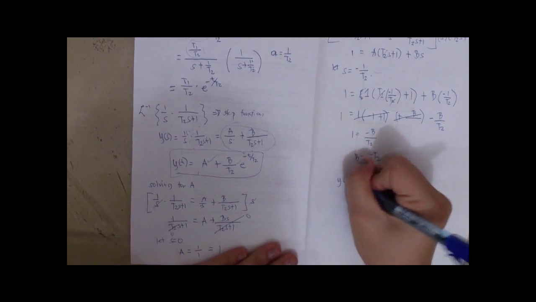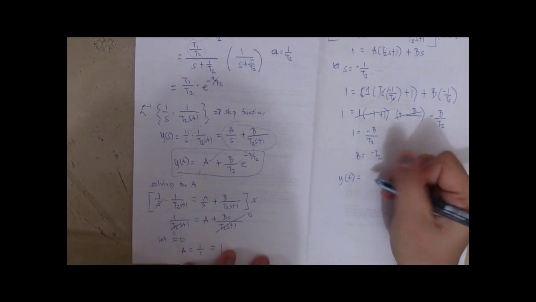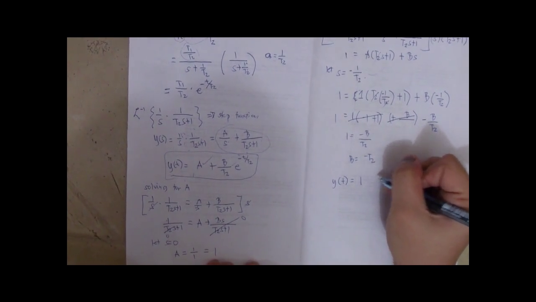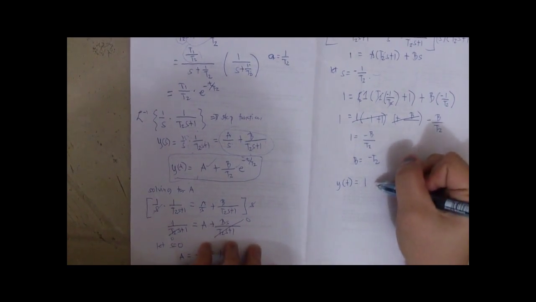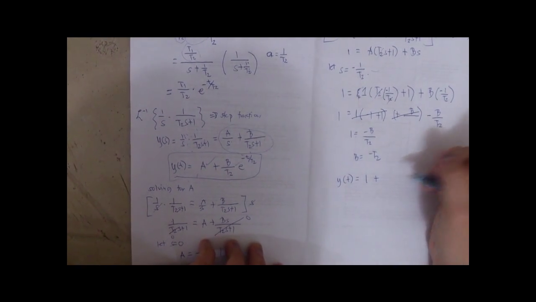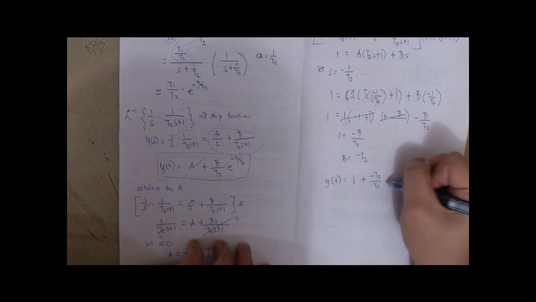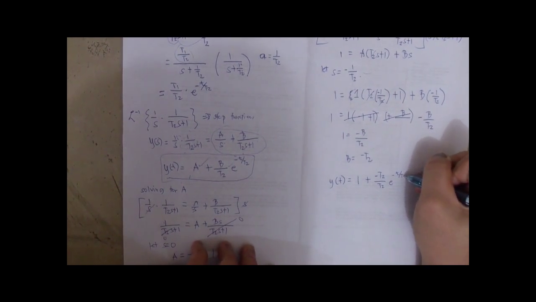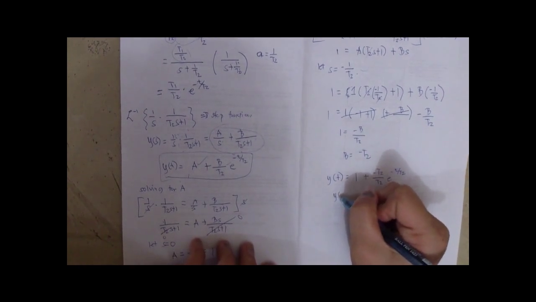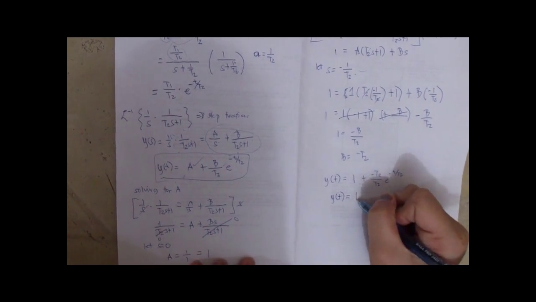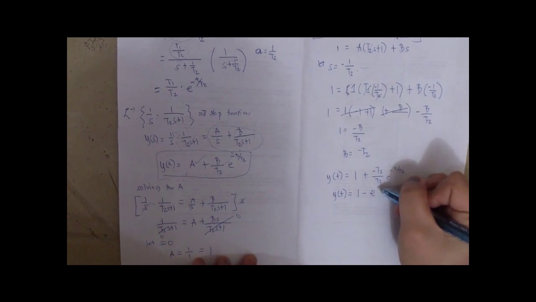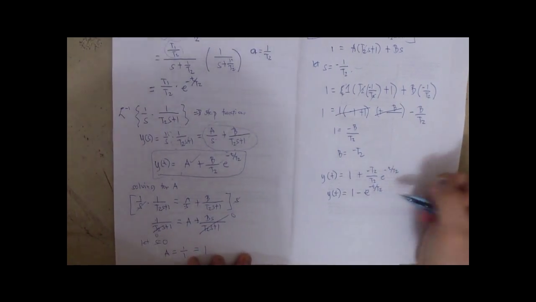So, y of t is equals to 1 minus b, di ba, plus negative t2 e negative t, which is ang final form will be 1 minus e to the negative t2. So, kani din siya, naa naman tayo kuan.